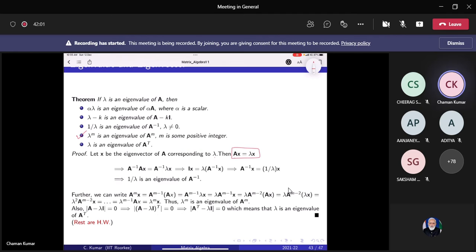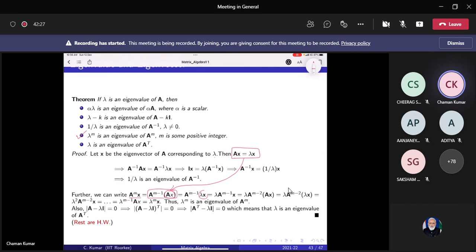And then we can start with A raised to m x. A raised to m x can be written as A raised to m minus 1 times Ax. Now this Ax, we use this relationship here to substitute the value of Ax, which is lambda x.